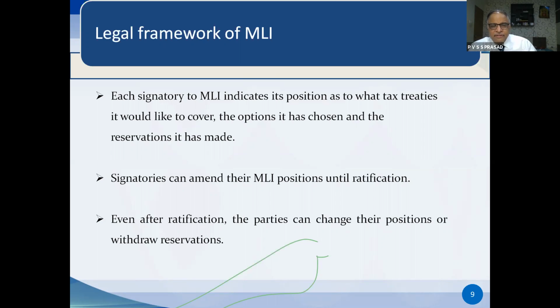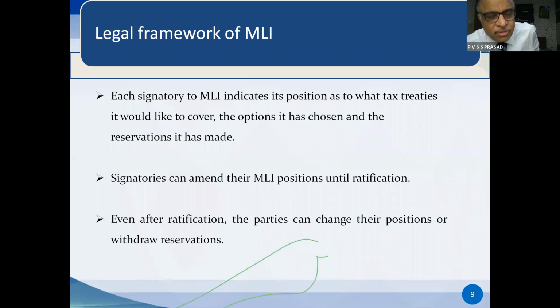Here, as you must readily understand, more than 100 countries are coming together and signing one instrument. That instrument must do the multifarious act of amending as many as 3,000 tax treaties. That is the objective.